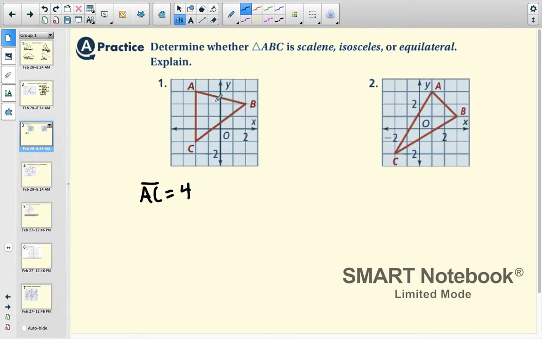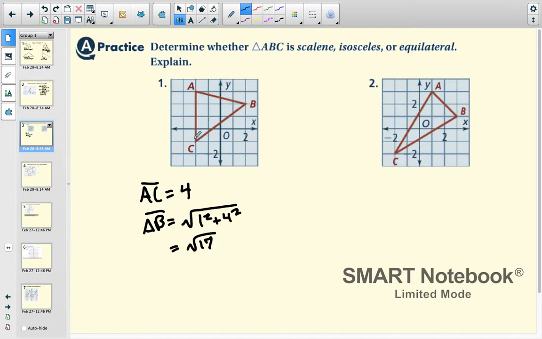That is a side length of 4. AB is down 1 and over 4, so change in y, change in x: 1 squared plus 4 squared, which is 1 plus 16, so that's equal to the square root of 17.